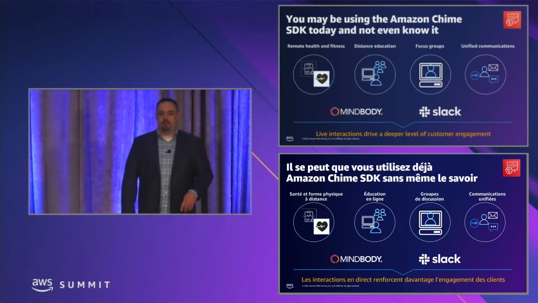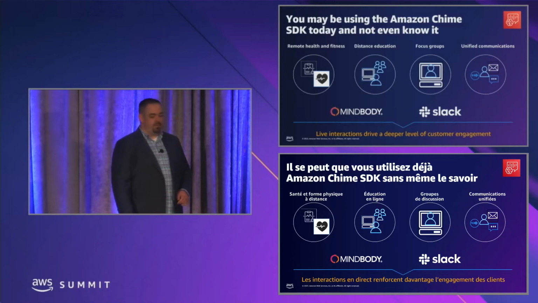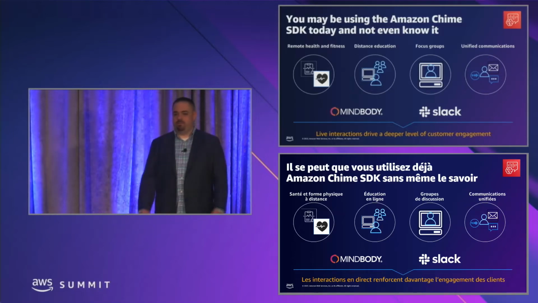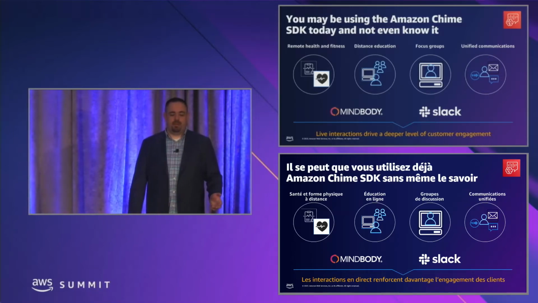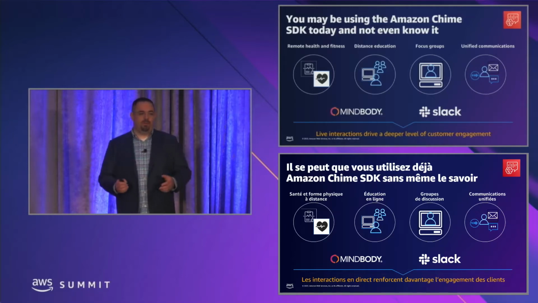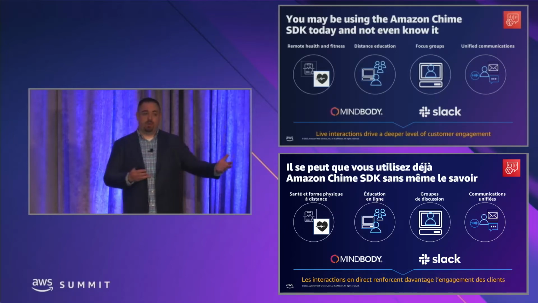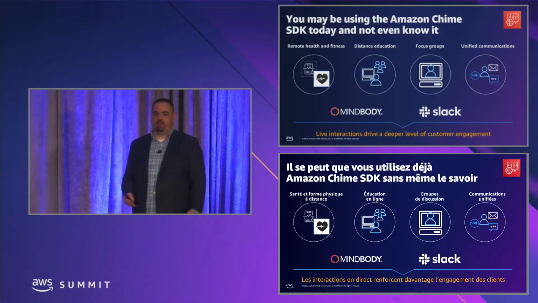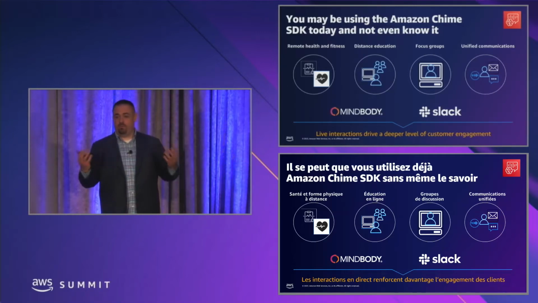So just quickly on MindBody, you see that logo up there. MindBody was actually one of my personal customers, and they're a business that helps the health and wellness of their customers who have studios. For example, a yoga studio that wants to do classes, which were formerly in person. Once the pandemic hit, they needed to regroup and figure out how to keep this business going.